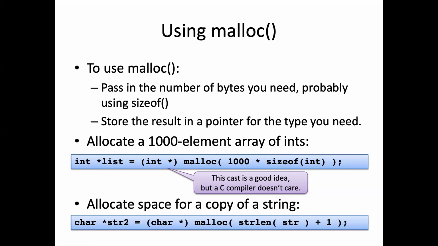If I just wanted to copy an existing string, I could go to strlen and say how long is that string. That's going to count everything except the null terminator at the end. So I add one more byte to hold the null terminator, and then malloc will return a pointer to memory that's at least big enough to hold a copy of this string that I'm trying to copy.